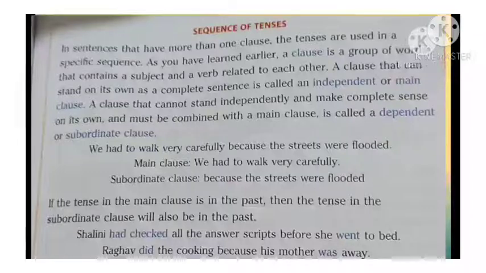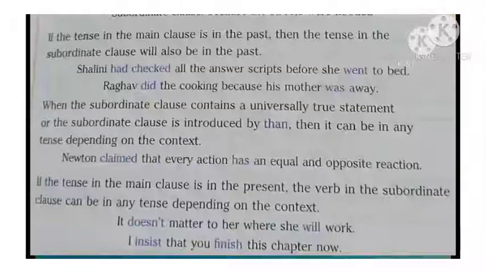Because his mother was away is not complete. It is an incomplete part of the sentence. So that is the subordinate clause. And which tense is used in this sentence? It is past tense, because of the word did. Did shows that it is in past tense. So we have to use mother was away. Was is again a past form.